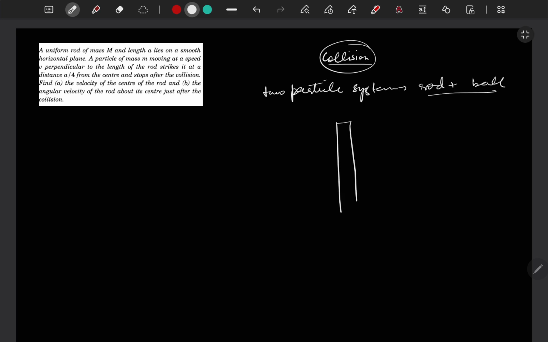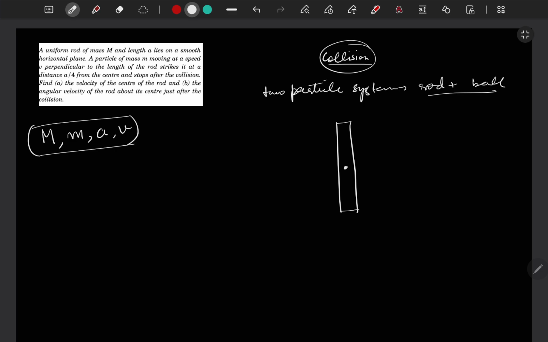So this is a rod, and the plane of this blackboard screen is my smooth horizontal table. Here is the center of mass of this. There is a mass m given, and there is a small mass of the particle. This is the length of the whole rod, and v is also given, the speed.